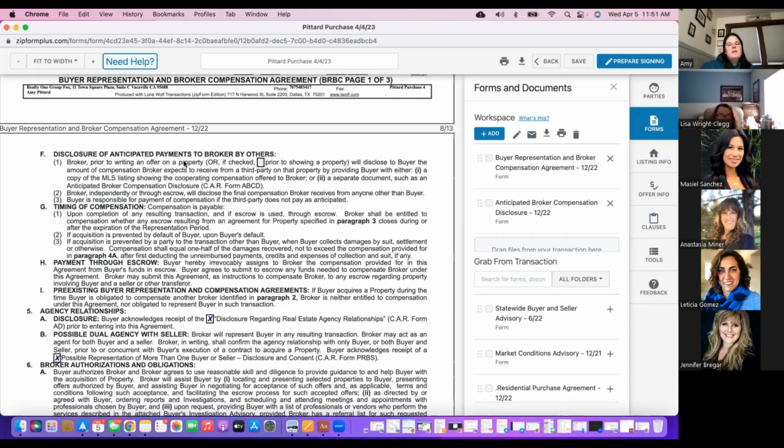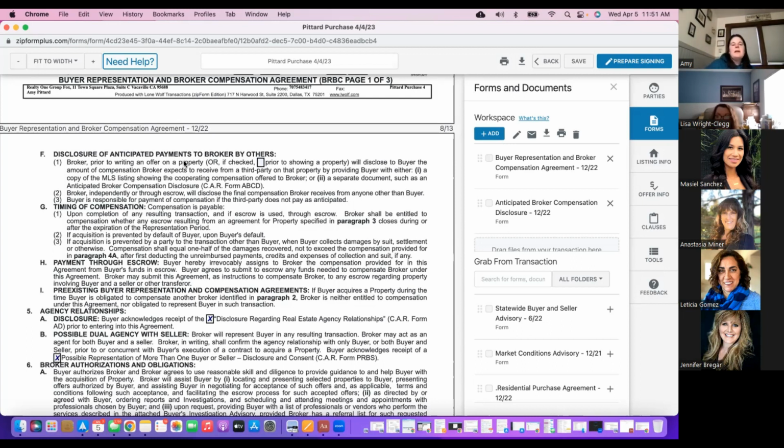Buyer hereby irrevocably assigns the broker the compensation provided for in this agreement from buyer's funds in escrow. Buyer agrees to submit to escrow any funds needed to compensate broker under this agreement. Broker may submit this agreement as instructions to compensate broker to any escrow regarding property involving buyer and seller or other transferor. Right? So this is your proof that you're due commission.